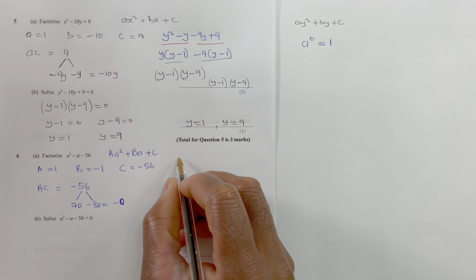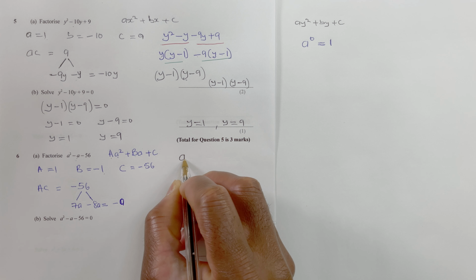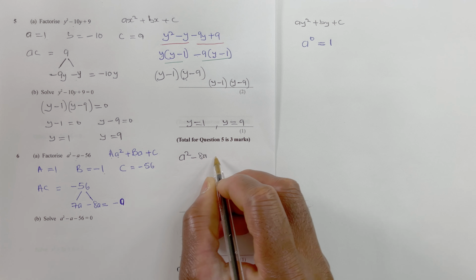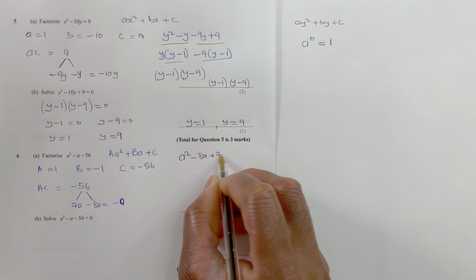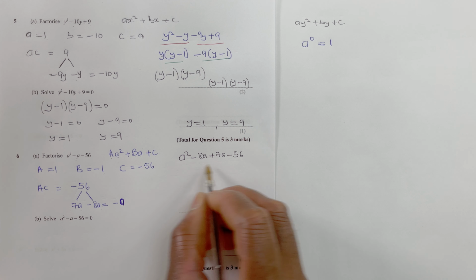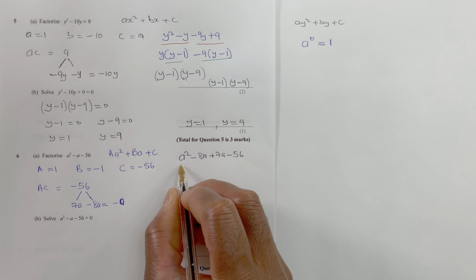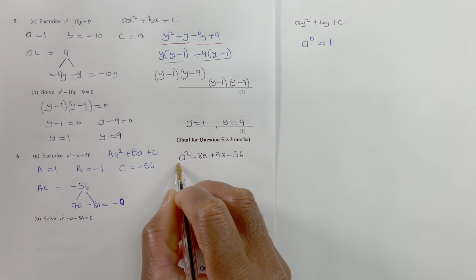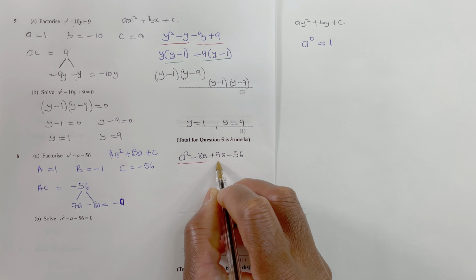So if I come here and I do A squared, I'm going to put minus 8A plus 7A minus 56. You have to be careful doing this here. I can see a common factor here, A, and a common factor there, 7.